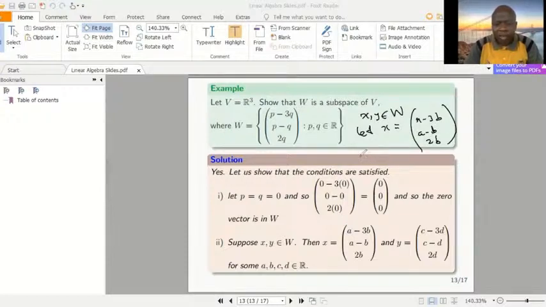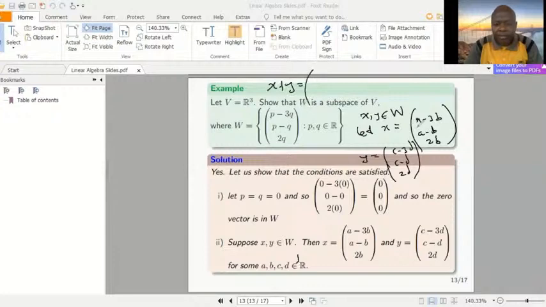I also want to choose another vector y, and I call it c minus 3d, c minus d, and then 2d. So that is the other vector that I've chosen. I want to find the sum of x and y and see whether the sum will be in W. So what will be the sum of x and y?